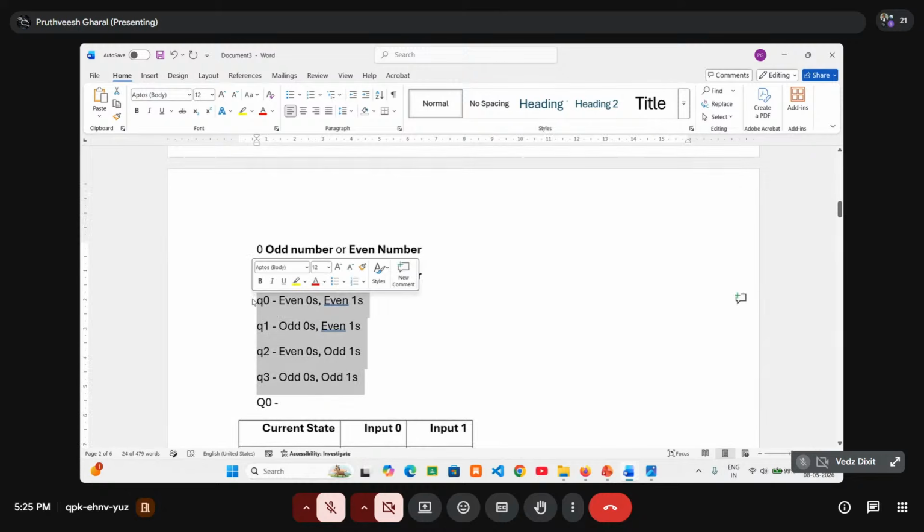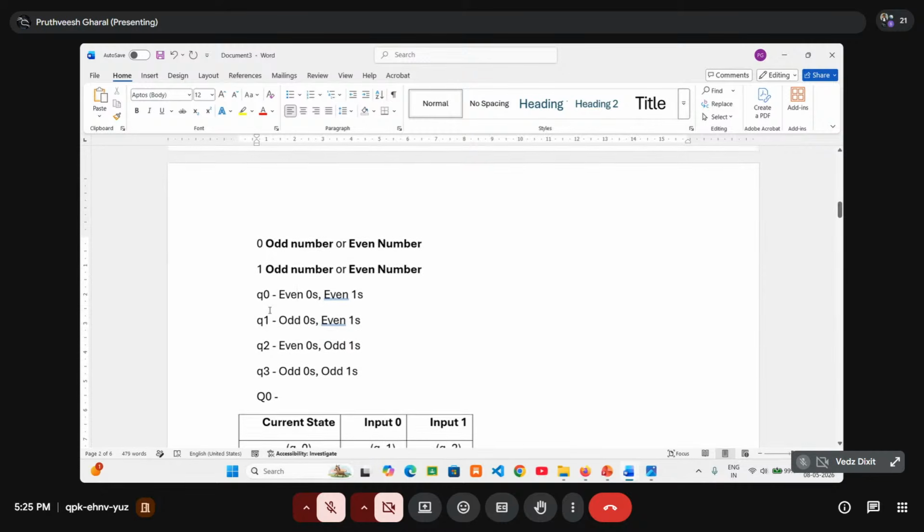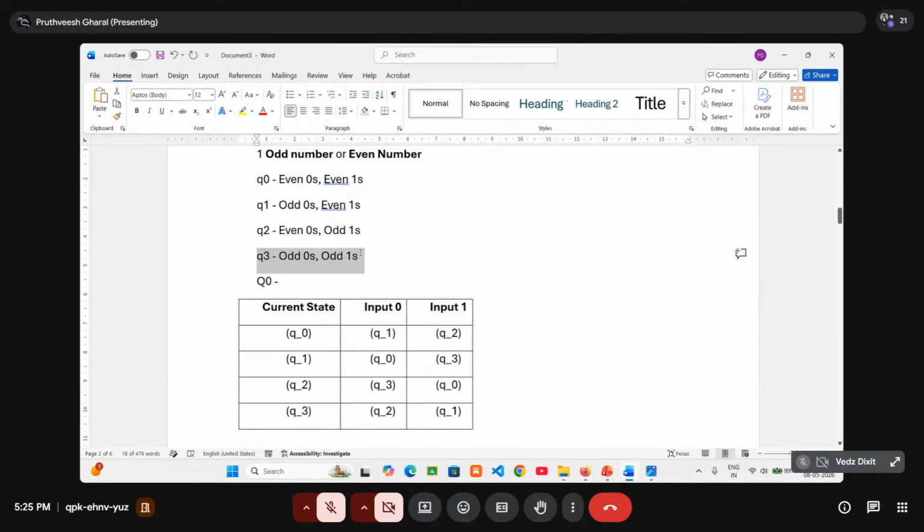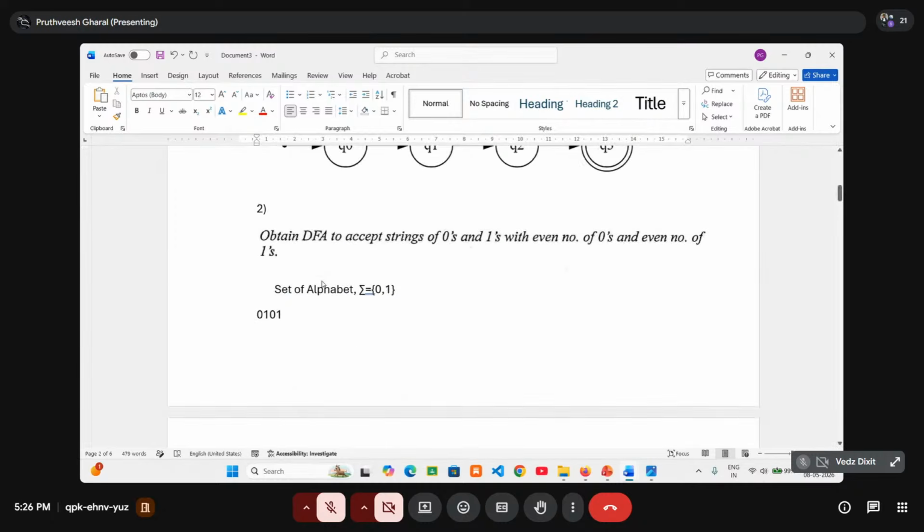Q0, Q1, Q2, Q3 are these four states. We are designing a DFA such that whenever it is in a particular state, it will move to the next state. So if it is in state Q0, we tell the DFA this. This is the transition table. We represent this with delta.